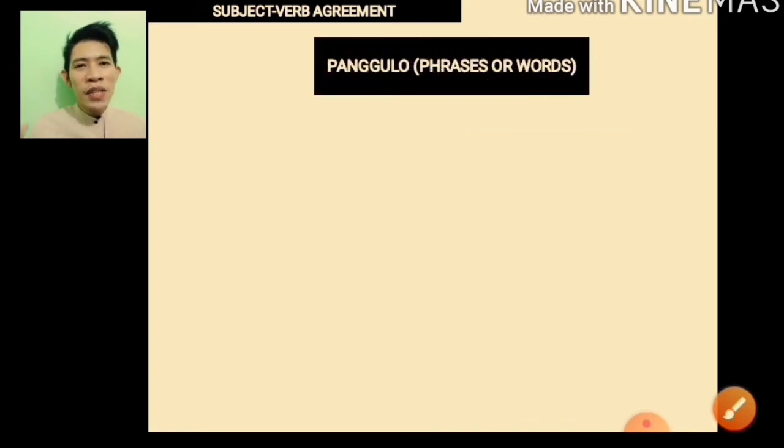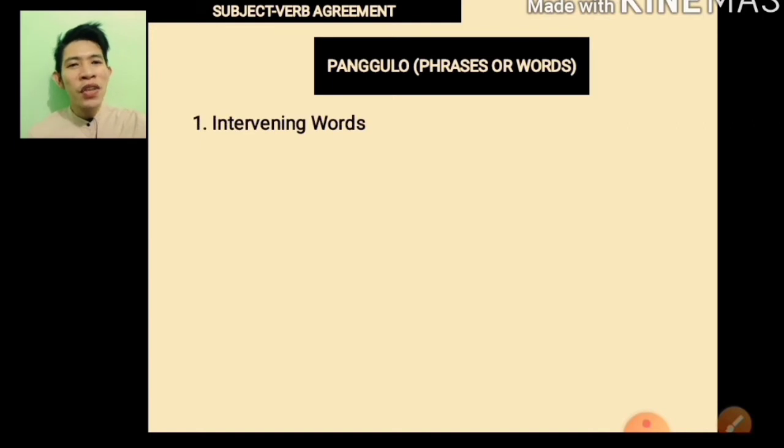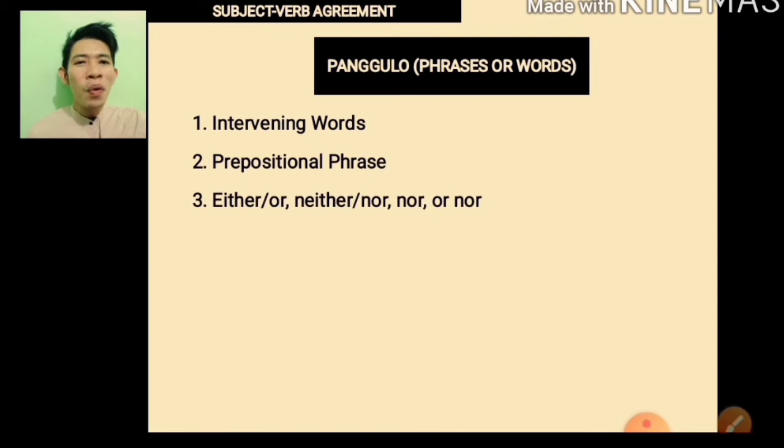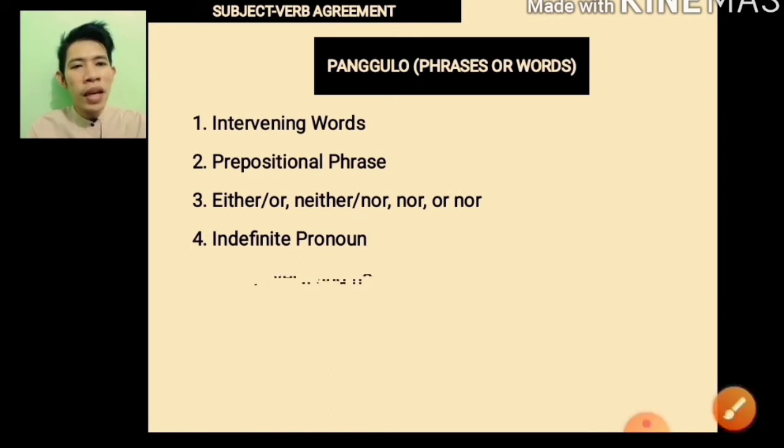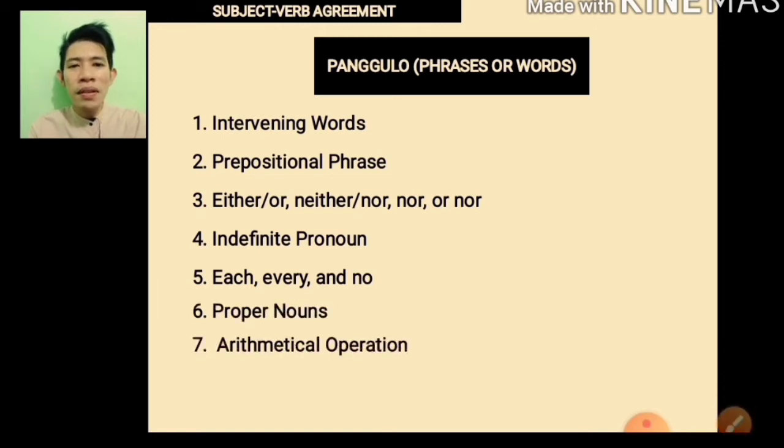So, in subject-verb agreement, meron tayong tinatawag na panggulo, or these phrases or words na nanggugulo sa sentence. And we will talk about intervening words, prepositional phrase, either or, neither nor, or, indefinite pronoun, each, every, no, proper nouns, arithmetical operation, quantifiers, and others.